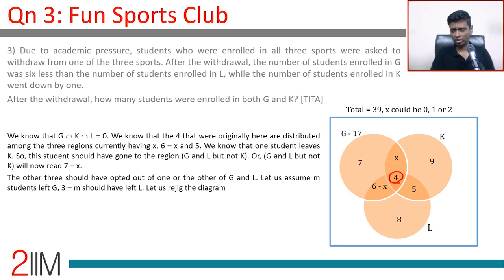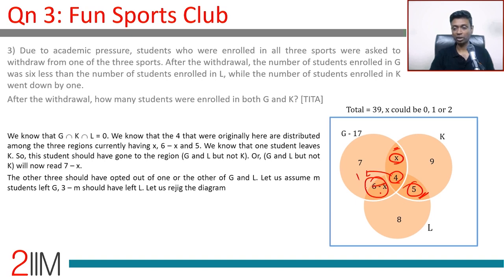These 4 are going to get distributed across this, this, and this. The number for K drops by 1, or one of the students withdraws from K. That means one student goes here. From 4, 1 goes here. The other 3 need to go here and here.